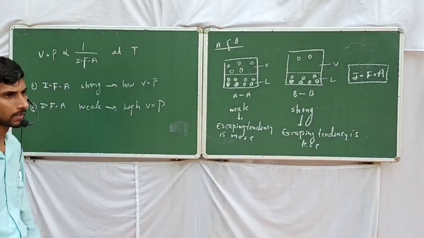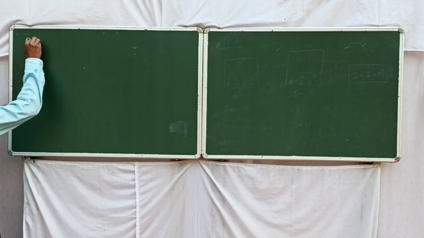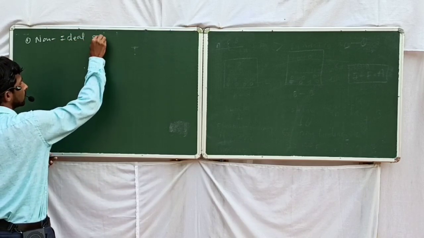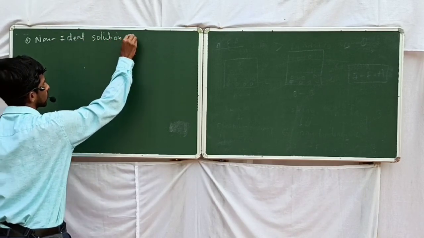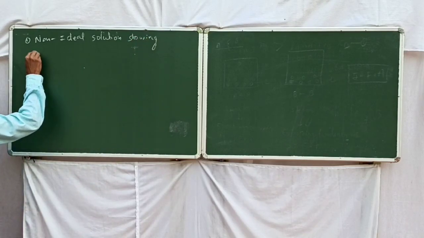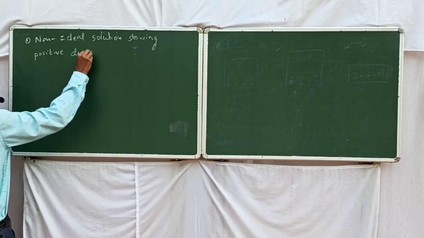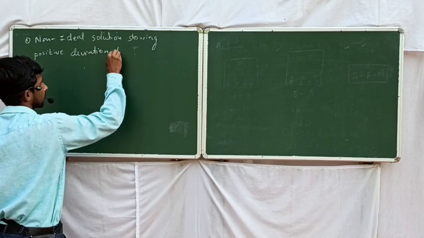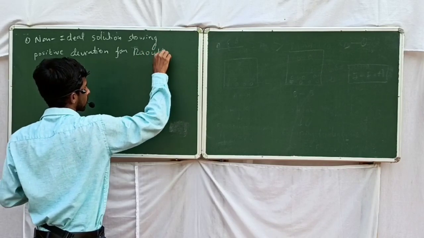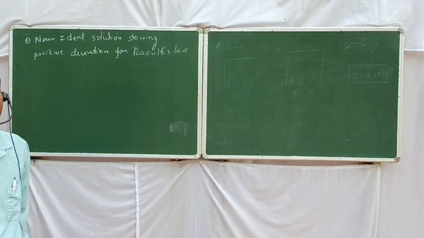Now, in the case of vapor pressure, the types of non-ideal solutions. The first one is non-ideal solution showing positive deviation from Raoult's law.